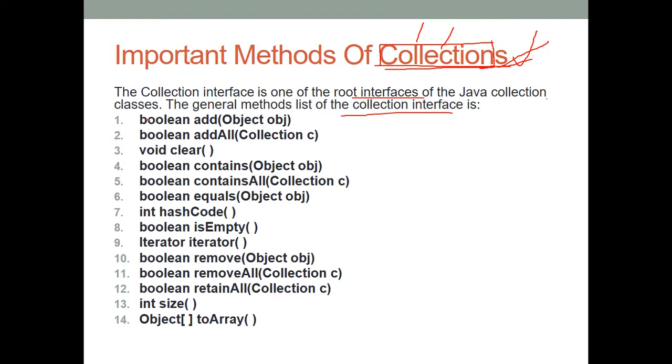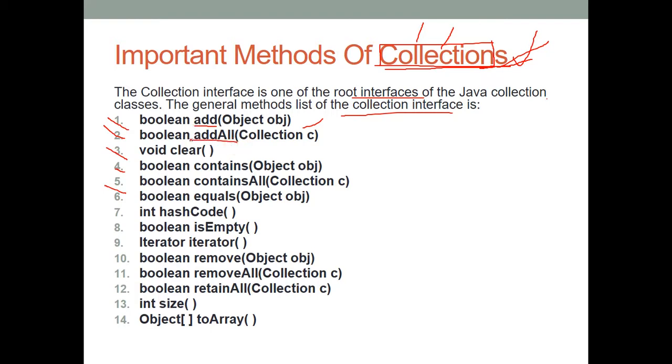The general method list of the Collection interface: I am going to discuss some related methods in the Collection classes, like boolean add. So add is one kind of method. Boolean addAll, clear, boolean containsAll. Through this add method we can add data in collections.